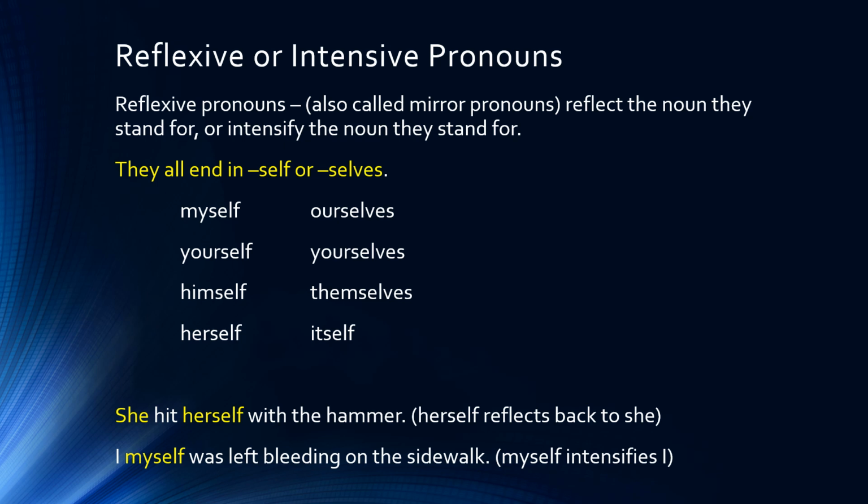She is a pronoun. Herself is another pronoun. I is a pronoun. Myself is a pronoun. But in these two sentences, herself reflects back onto she, mirrors the pronoun she, and myself reflects back or mirrors the pronoun I.